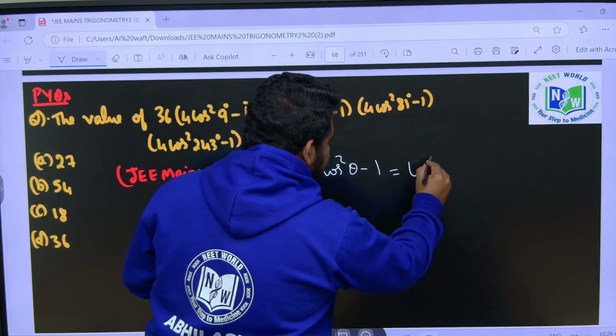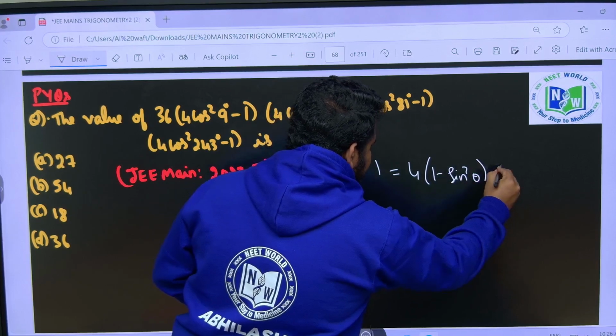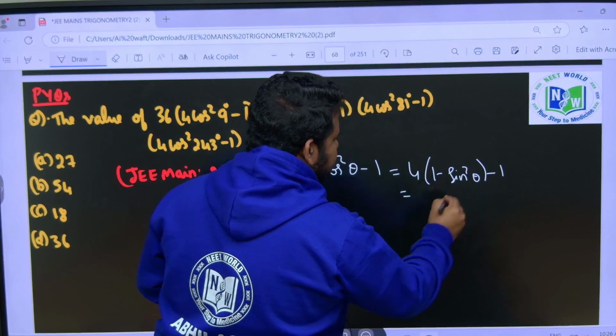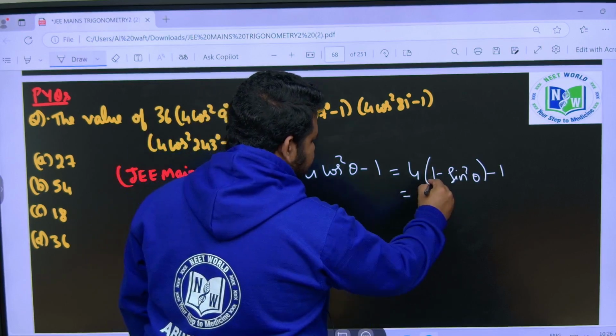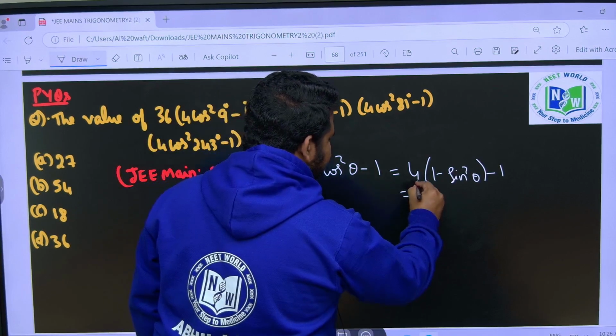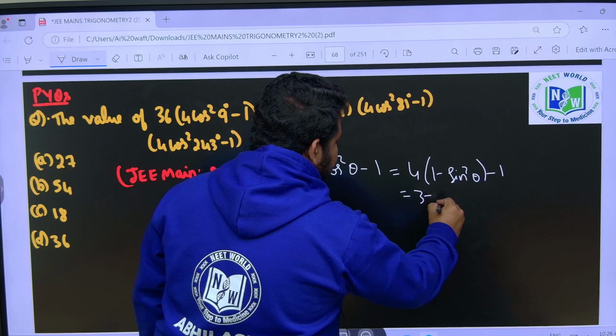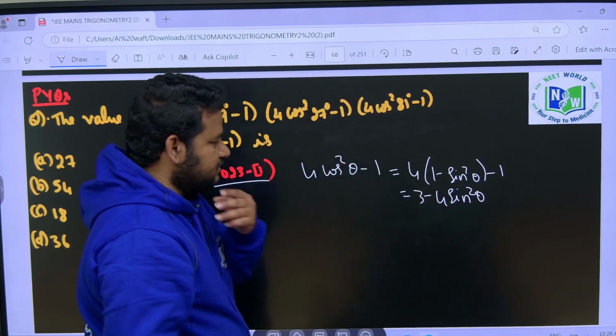So 4 times 1 minus sine square theta minus 1. So that will be equal to what? 4 minus 1 is 3, 3 minus 4 sine square theta.